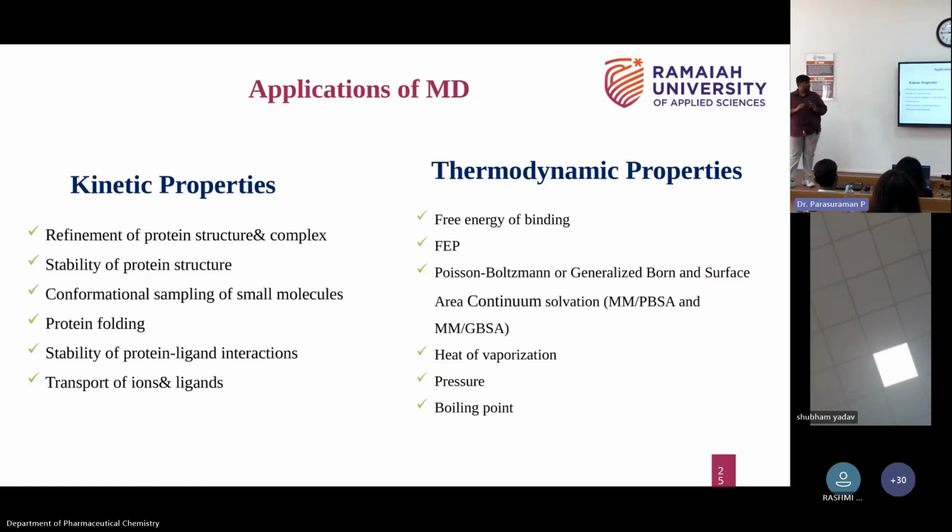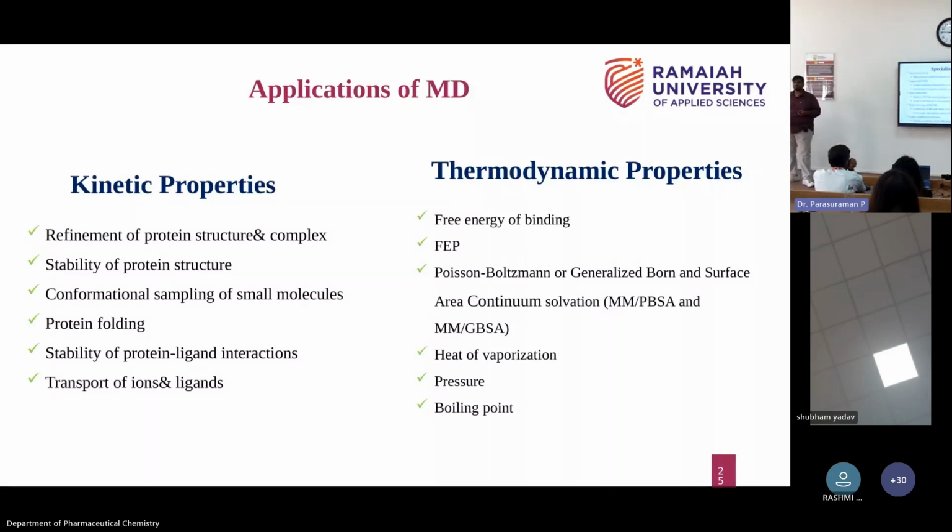In MMPBSA or FEP, we'll be calculating the Gibbs free energy after binding the ligand to the particular protein, which is computationally more intensive and expensive. So here, as we are generally seeing the stability of protein and ligand interactions, we can just focus on kinetic properties. Once we do docking and we need to validate the docking scores, if you want to see the atom-wise interactions with the amino acids, we can focus on MMGBSA, MMPBSA, FEP.